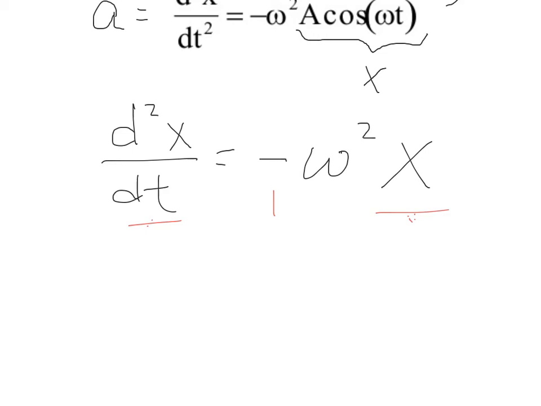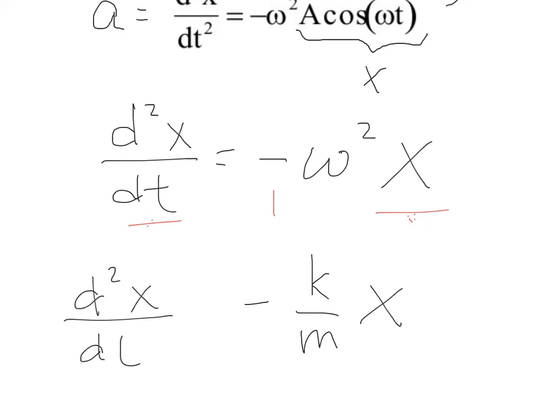If it's a mass on a spring, then the omega squared takes the form of k over m. And so we could put that in there. So this is what it would look like for just the bobbing mass. And there are other forms as well. This would also work if you had a frictionless surface with a block moving horizontally.